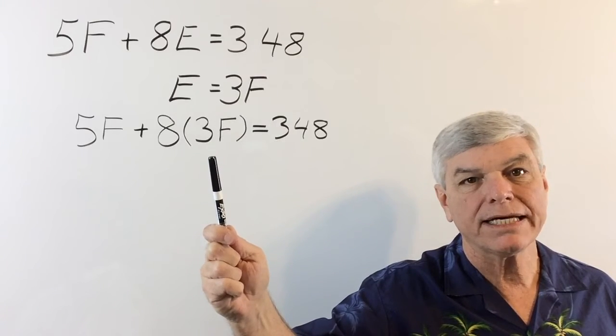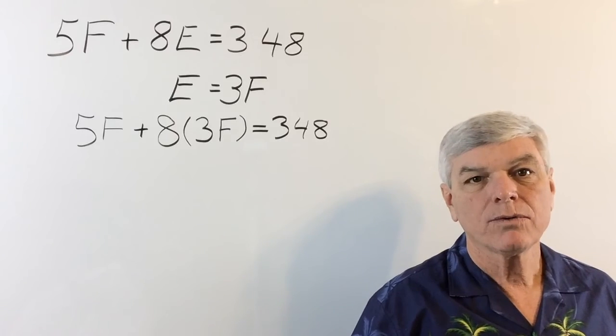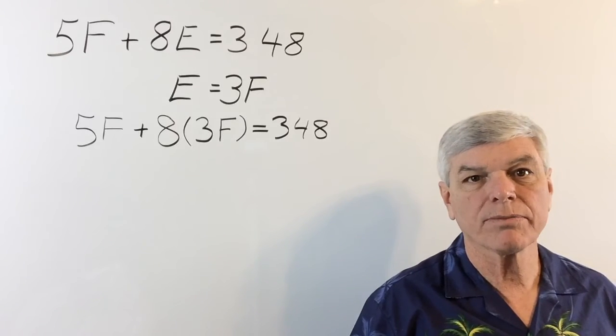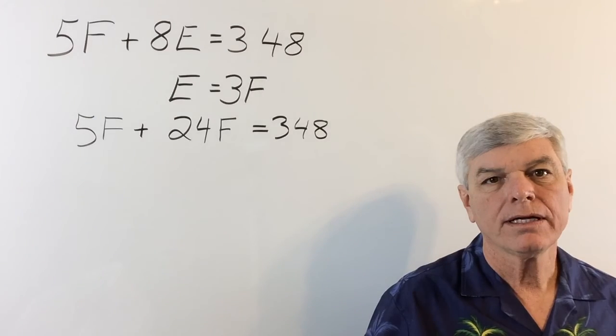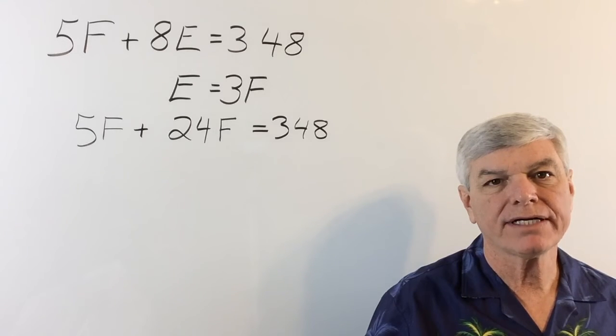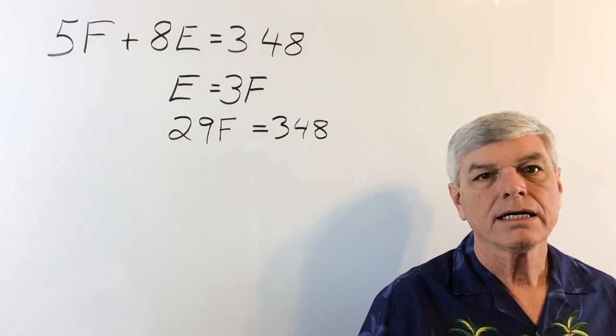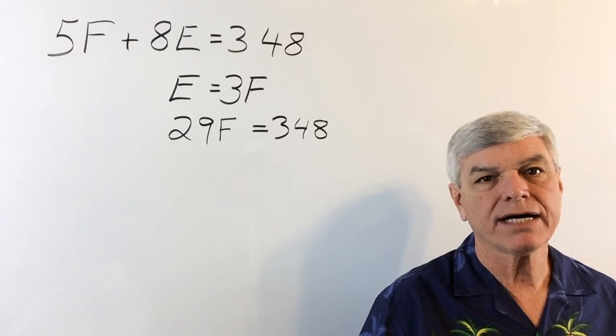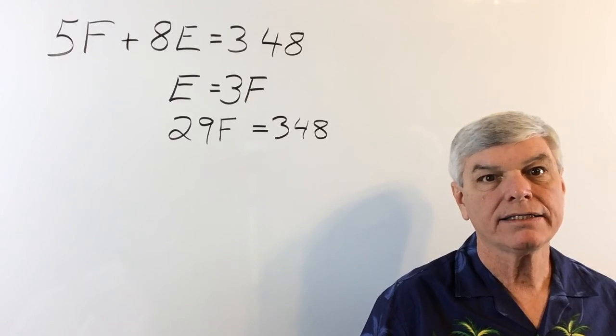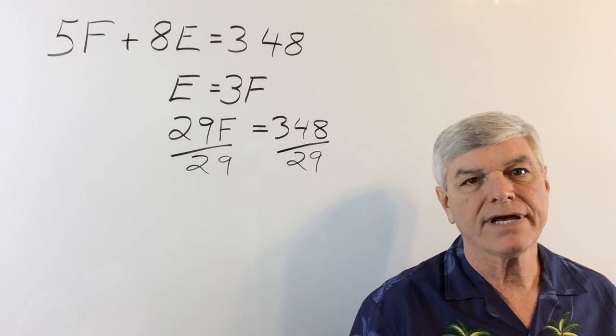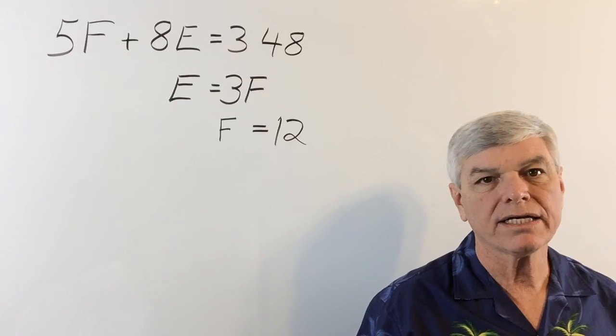And what does E equal? It equals 3F, which we already saw. So let's multiply that out. Pretty simple. And 5F and 24F is 29F. Let's divide both sides by 29. That isolates that F, and 348 divided by 29 equals 12. We have 12 5-cent stamps.